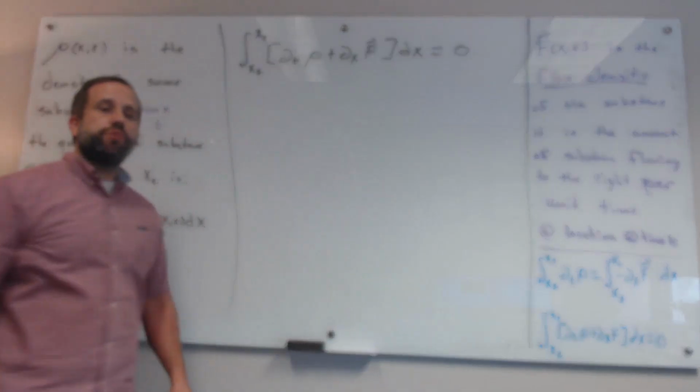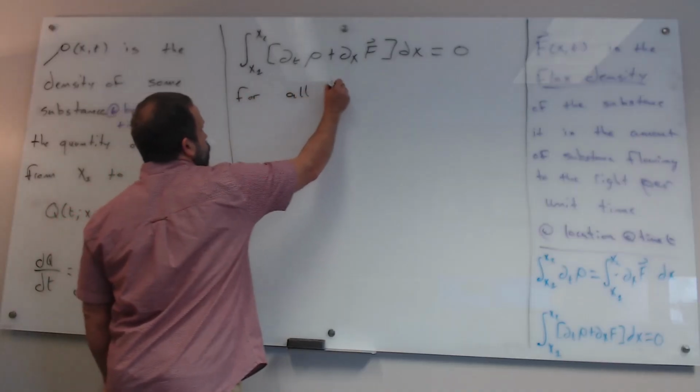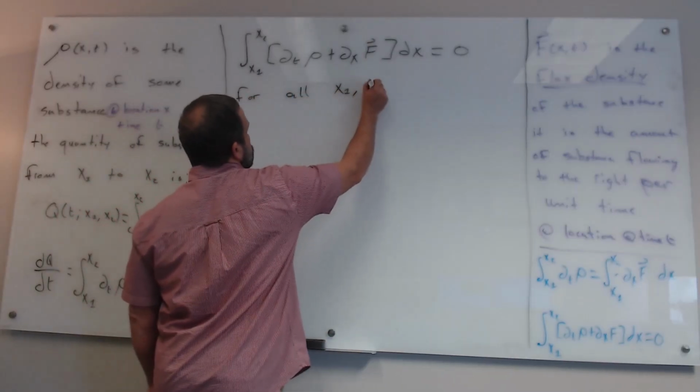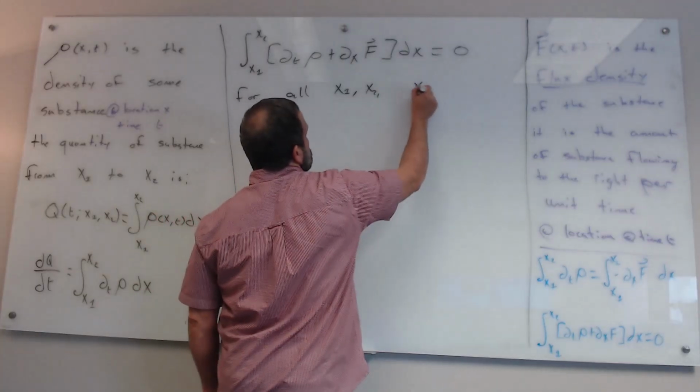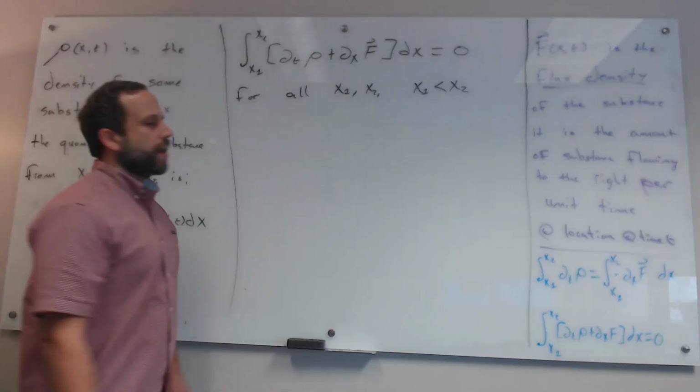And notice x1 and x2 are arbitrary. So this is for all x1 and x2, just as long as x1 is less than x2. I mean, it's also true if x2 is less than x1, but that's not how I did it.